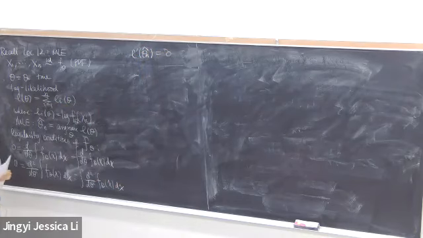So which means the MLE is a solution of the equation l prime theta equals 0. It is where the first derivative of the log likelihood is equal to 0.